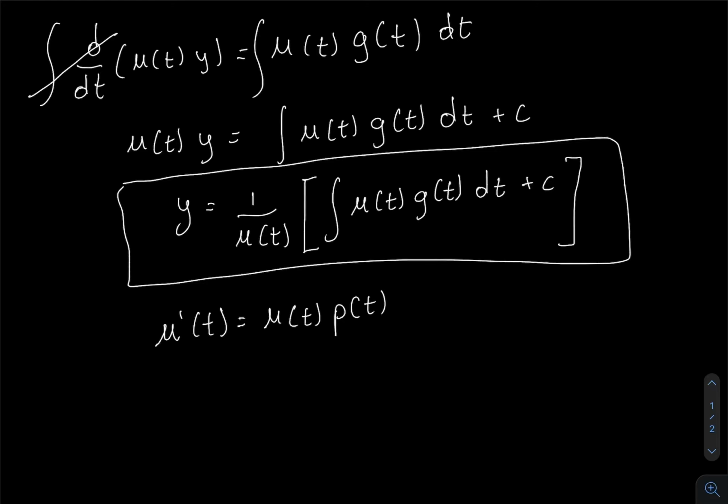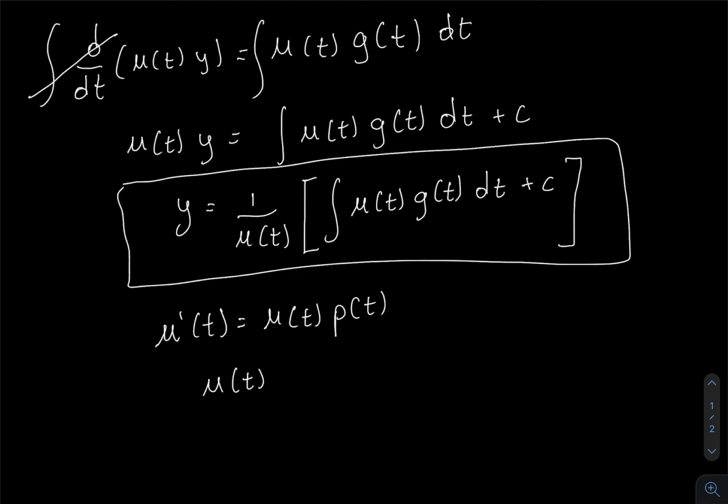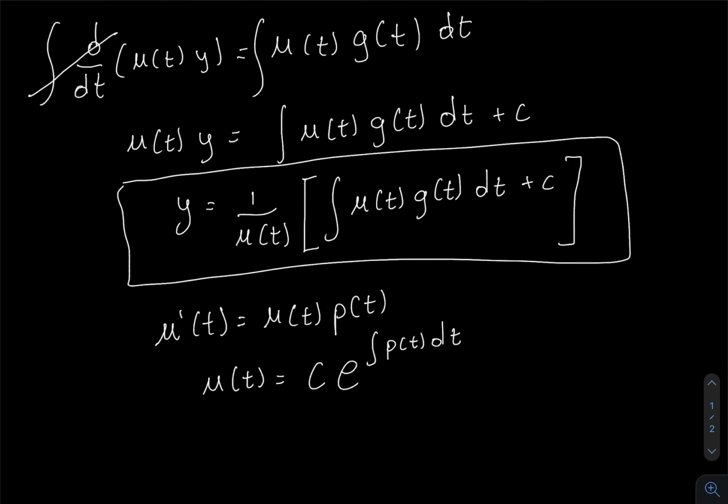Okay, so once we have this, we will have that mu of t will be c times e to the integral of p(t) dt.